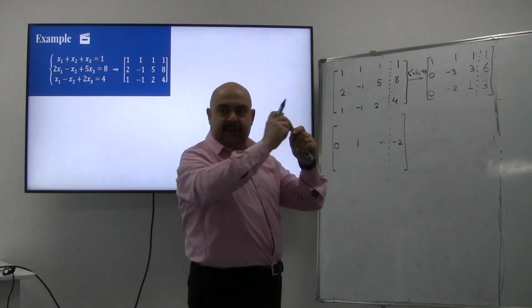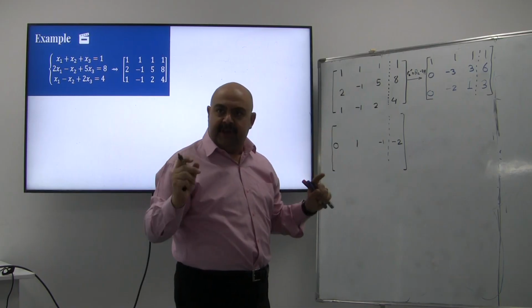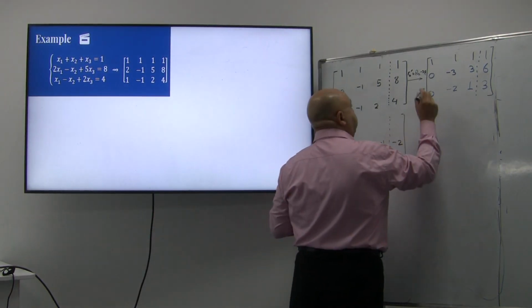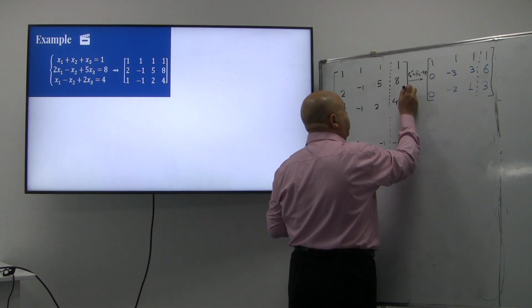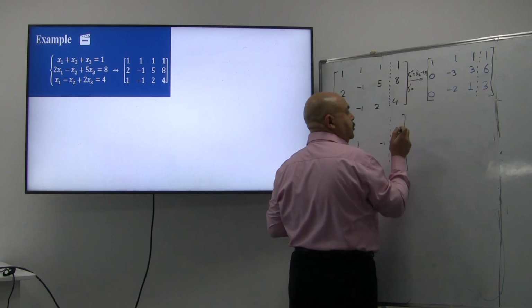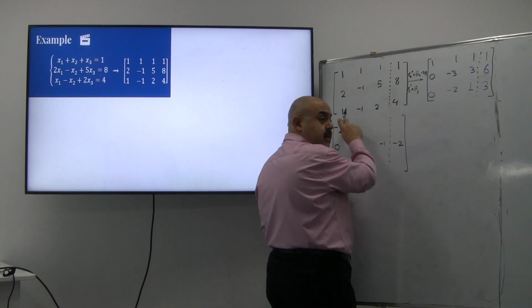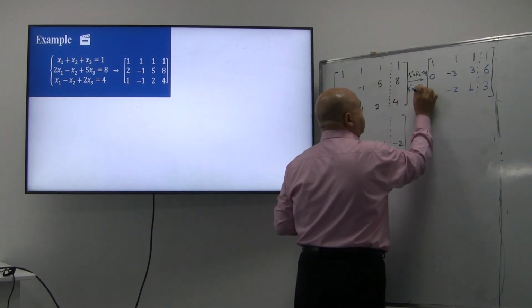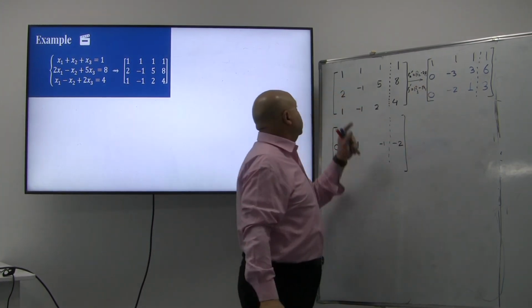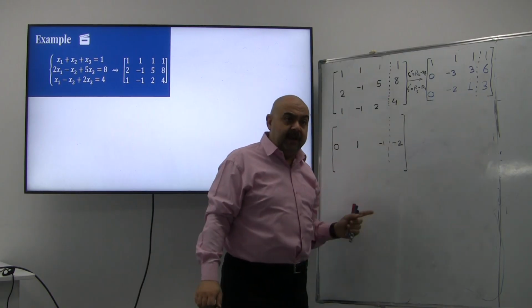So I've taken the first row, multiplied by negative 2, then added. Also for the third row, the new one, R3 dash, it's going to equal R3 plus negative R1, because I multiplied the first row by negative 1, then added.